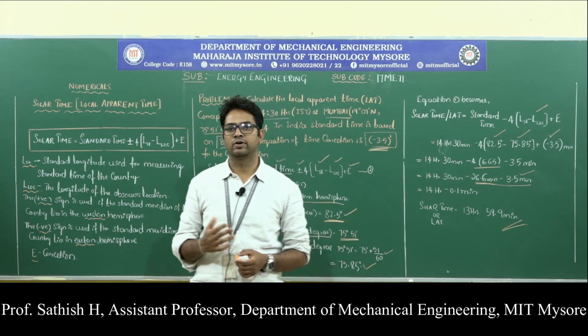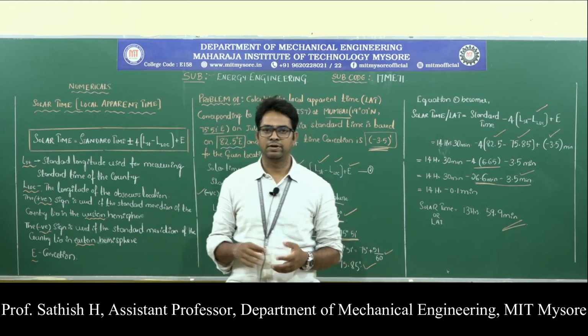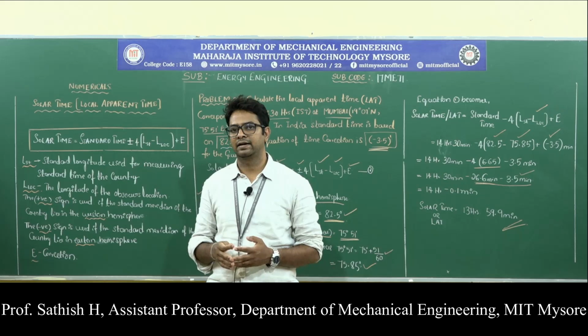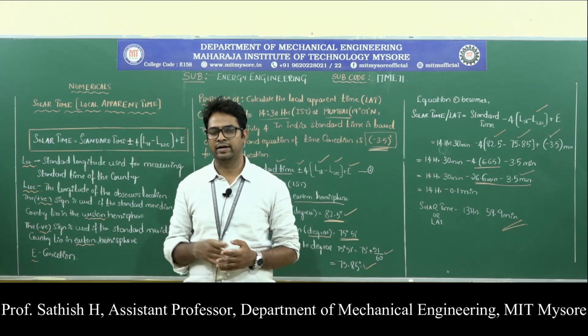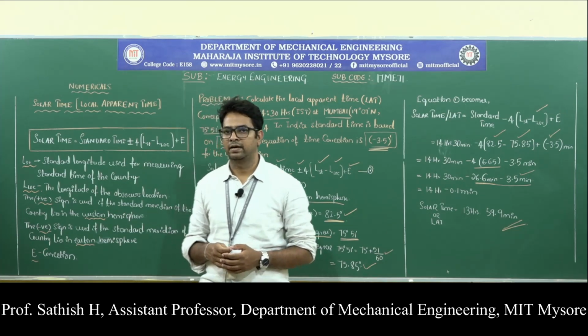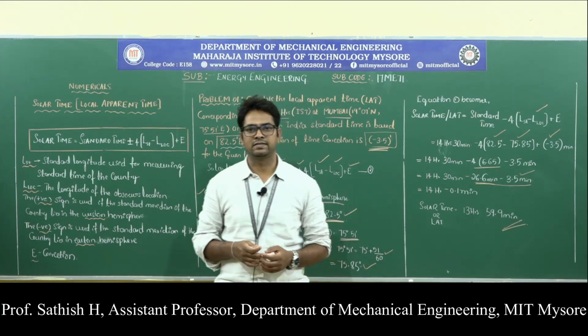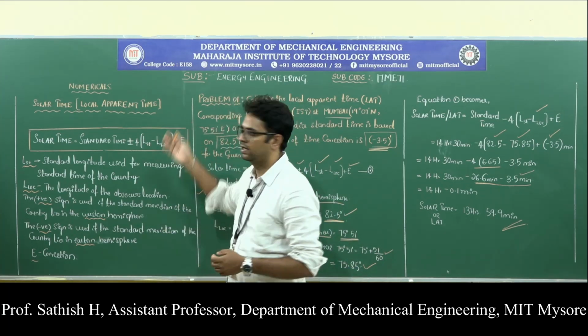Later we discussed the photovoltaic cell, and how a combination of cells makes a module, panel and array. Lastly we saw some numericals based on solar time or local apparent time.